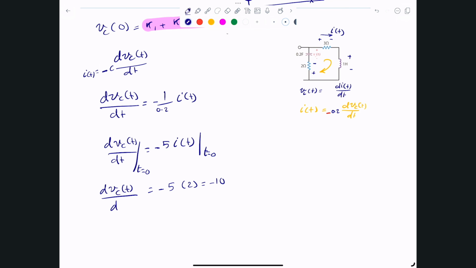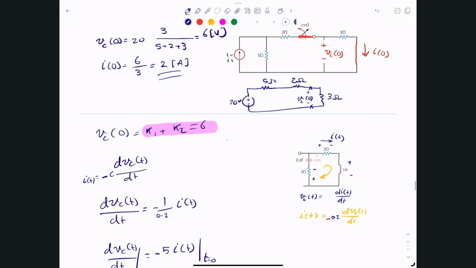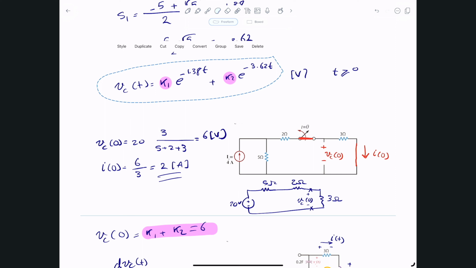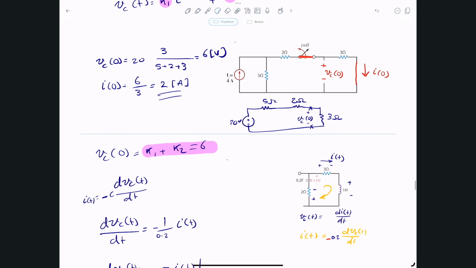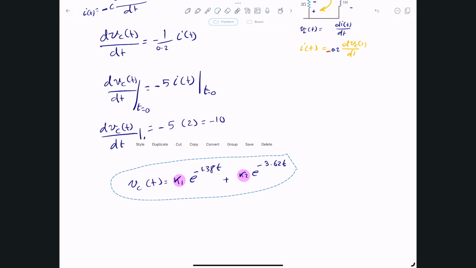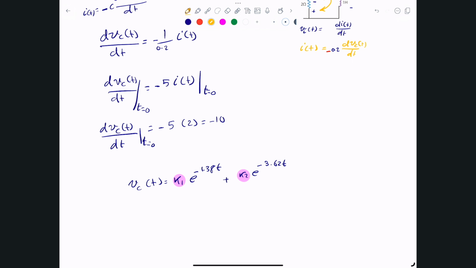All right, so that's good. I know that dVC of t divided by dt when t equals 0 is simply negative 10. Do I know what it is also for these? Yes, I can basically take the derivative of that here, and that derivative will be k1 times negative 1.38 and so forth. You can either look at the general solution I have provided, or you can just take the derivative in here.